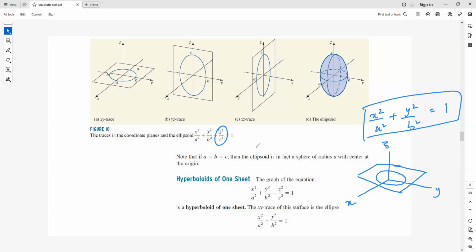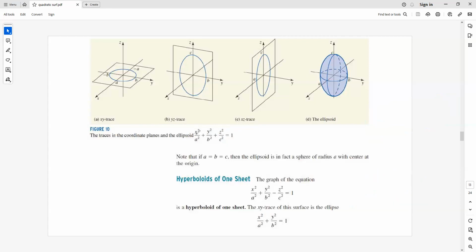And again, this is the trace on the xy plane. Now if I want to draw it on the yz plane, what I need to do is exclude this variable x from this equation. Then I will be left with y squared over b squared plus z squared over c squared equals 1, which again is the equation of an ellipse, but this is in the yz plane, right?